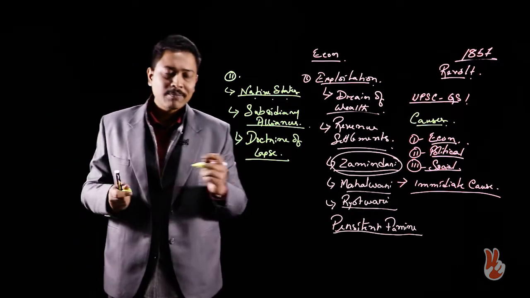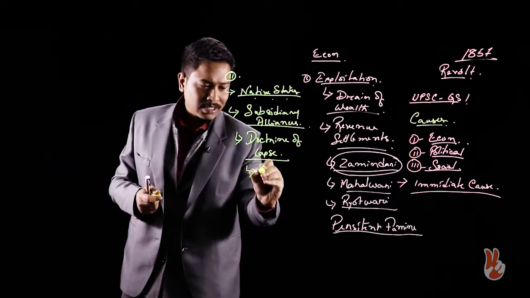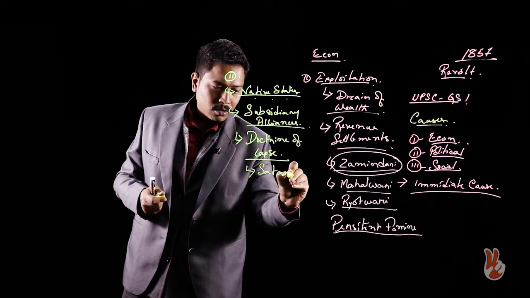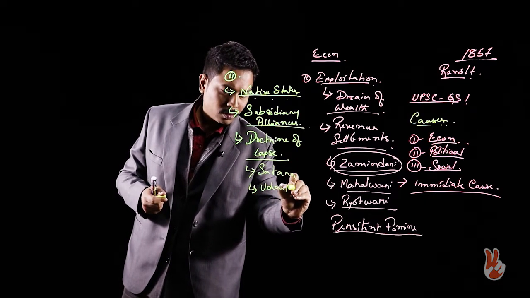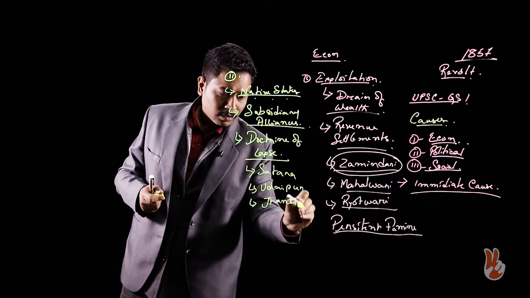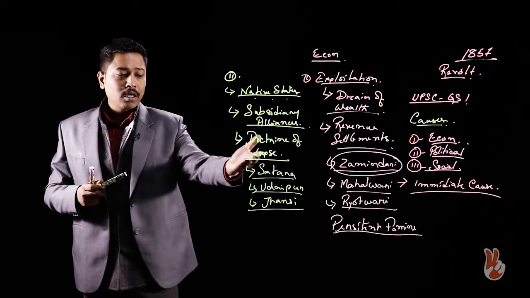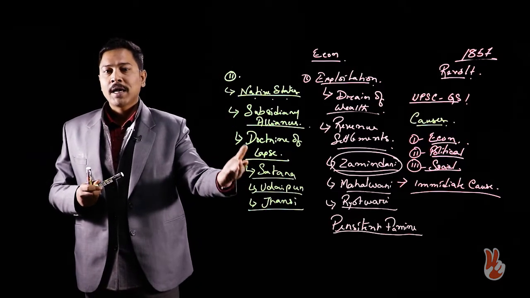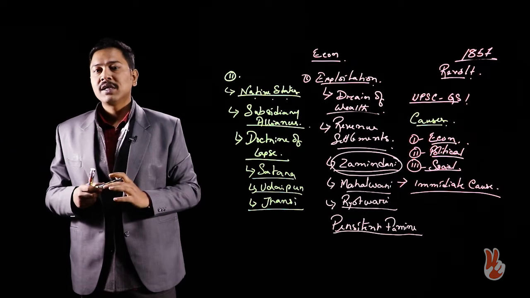By the doctrine of lapse itself, we can see many states were annexed, states such as Satara, Udaipur, more importantly, Jhansi. Now, these are just some of the examples whereby the doctrine of lapse was applied, and these states were lapsed into the East India Company state in India.